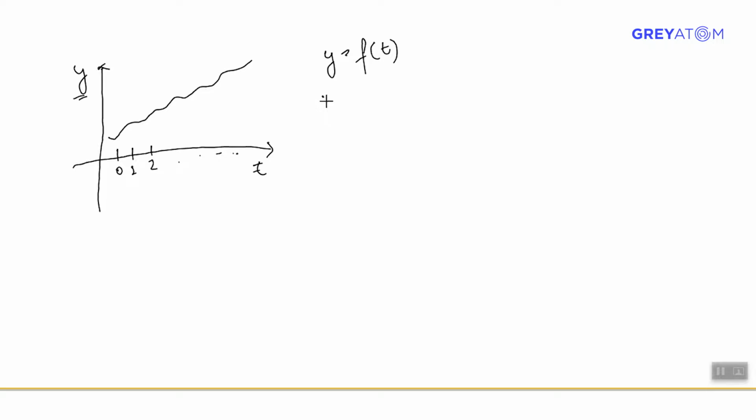You basically say y hat is equal to m t plus c, right? So this is independent, my bad, this is the independent variable, and this is the dependent variable, or the target variable.